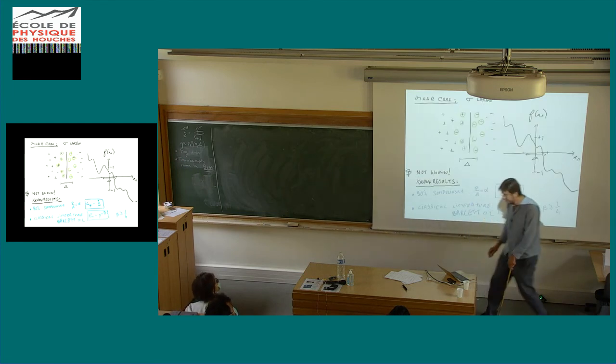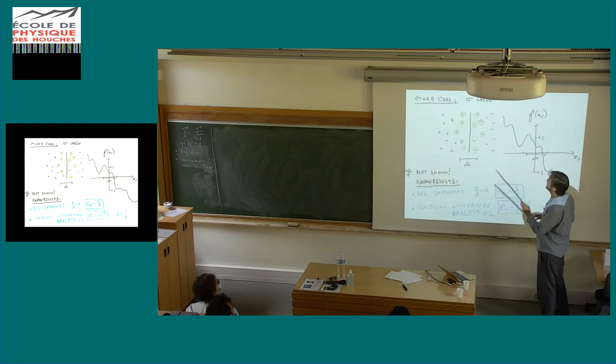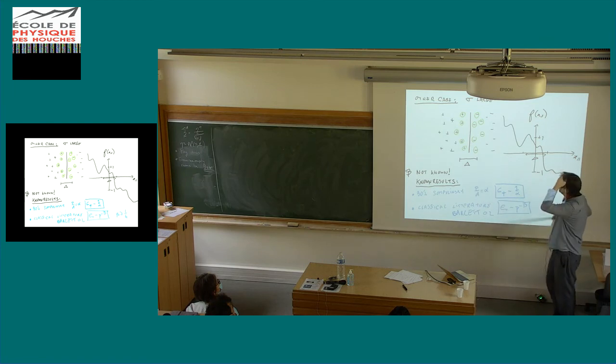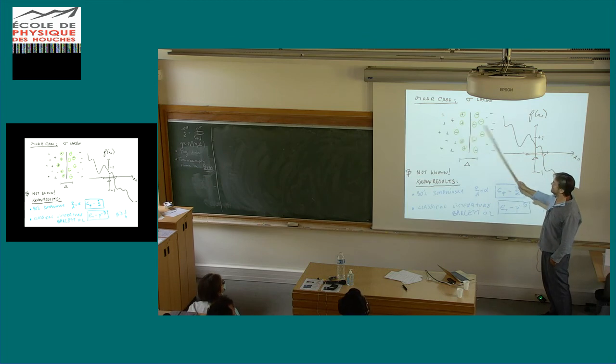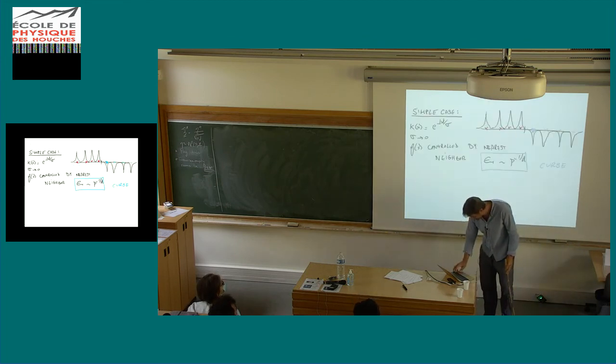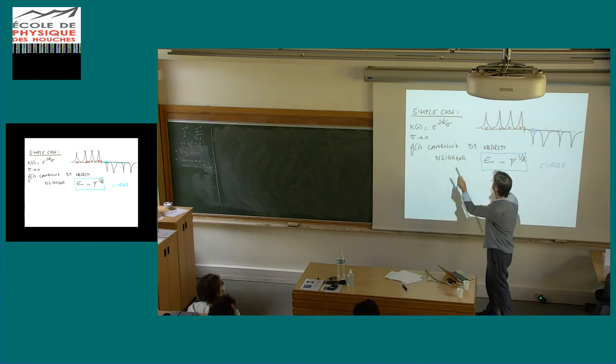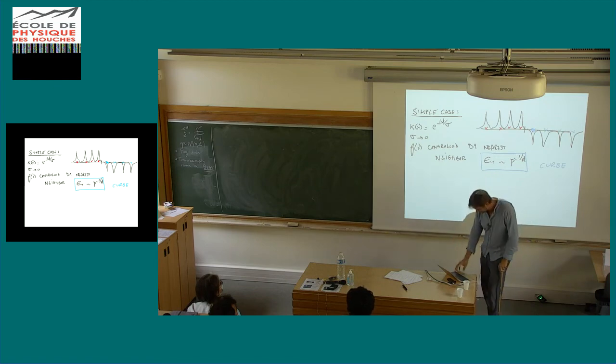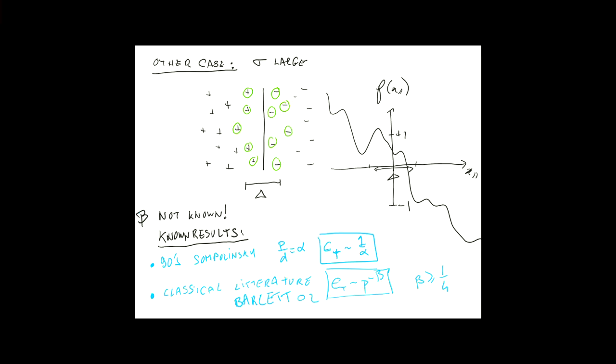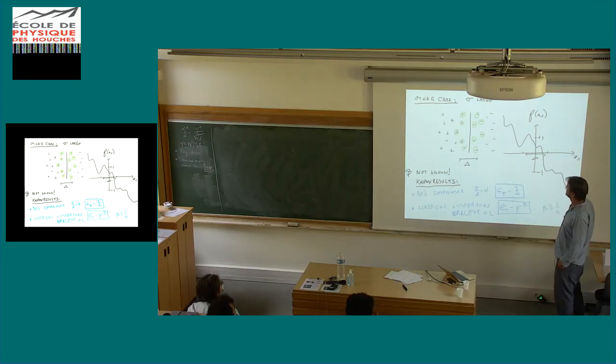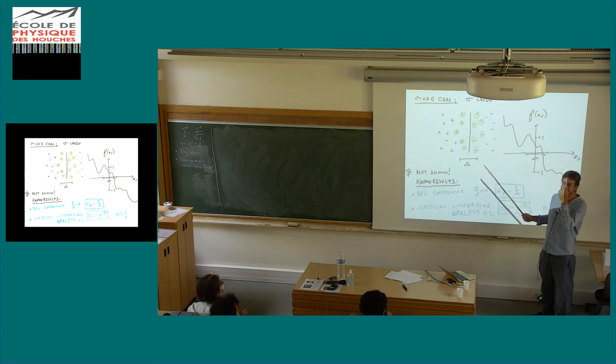So I want to be looking at the other case where this sigma is large. Sigma is just what enters here; it's called the length, there are several names. Let's think of it as large. Then what will happen, for example, if I have a boundary between plus and minus labels, is that you will have support vectors where fitting is difficult.